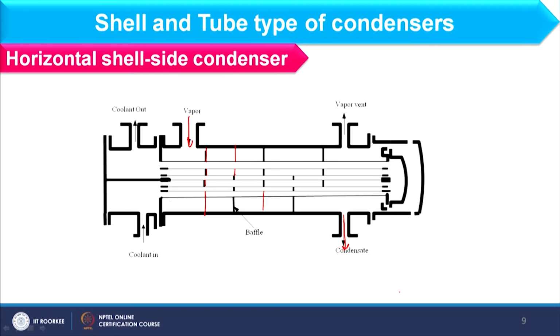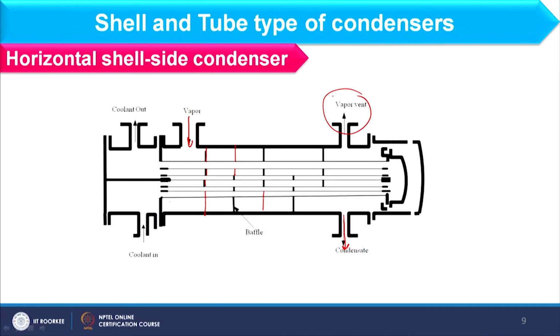What we discussed previously is that it has one extra nozzle, which we call a vent. You can see here I have a vent which is just at the end of the exchanger. If vapor is entering from one end, at the other end the vent should be there.